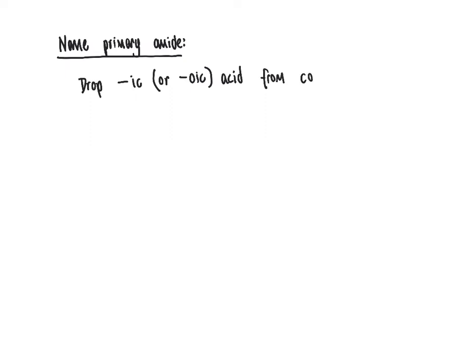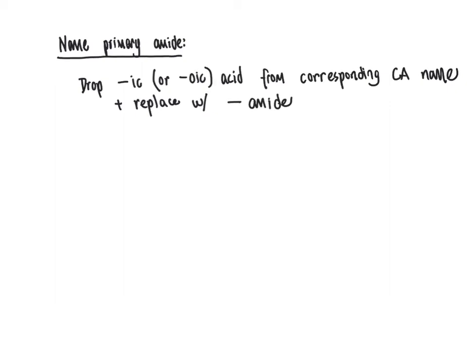So we drop the oic acid from the corresponding carboxylic acid name and replace it with the term amide to indicate that the molecule has an amide functional group present in it.